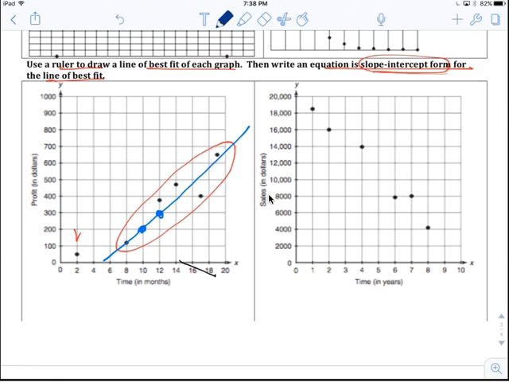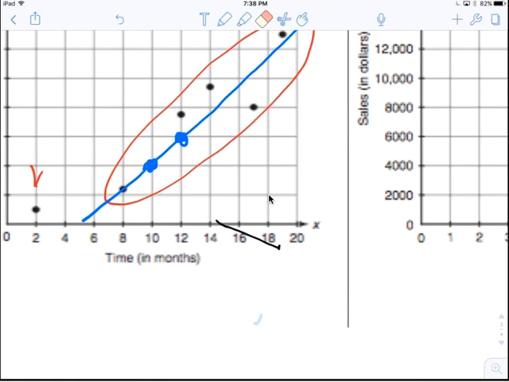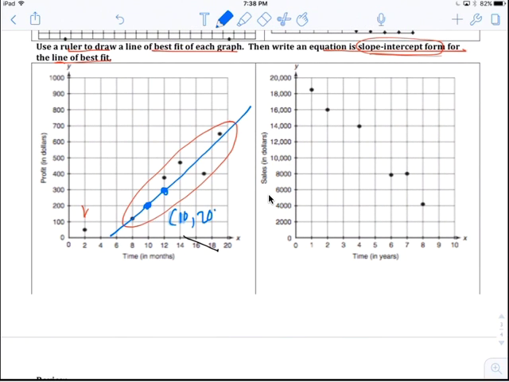I can make dots there once you cut your things in half. Okay? So this is 10 and 200, and this one here is 12 and 300.